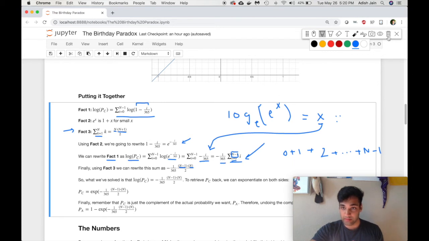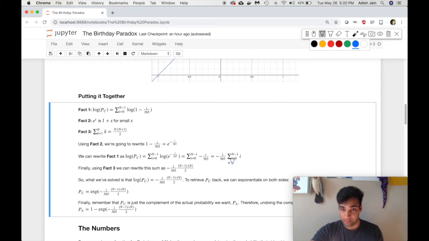So basically, this sum is rewritten right here as just this product. Okay, n minus 1 times n over 2. And this again just comes from fact 3. And then we have this negative 1 over 365 multiplier because we had already pulled that out. Right? Cool.